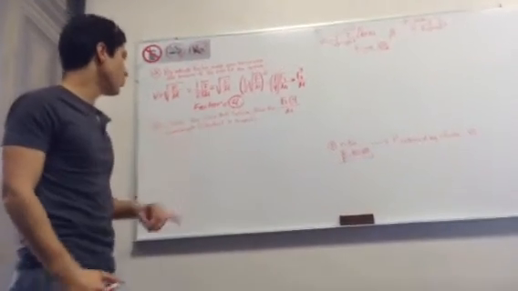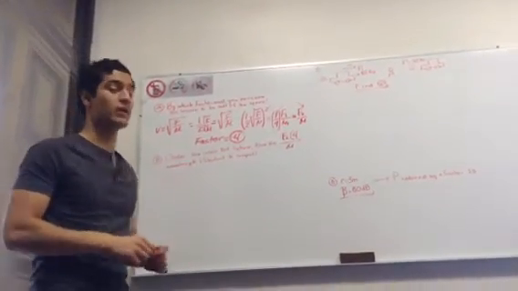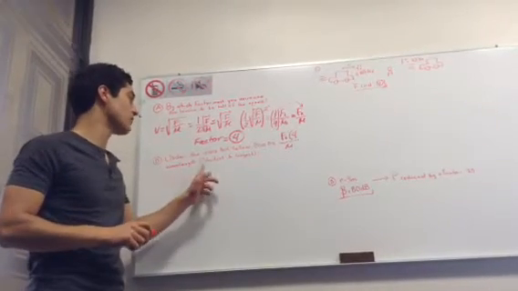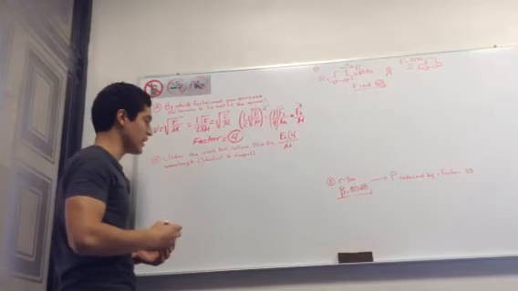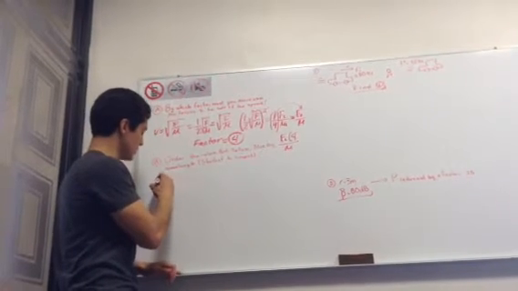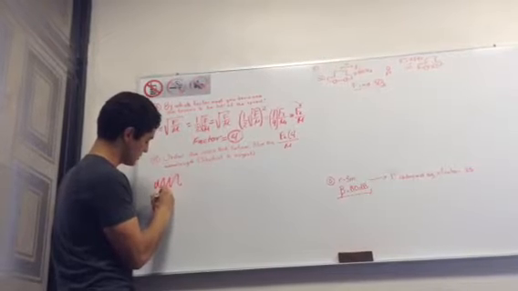And then the second problem says, order the colors red, yellow, and blue by their wavelength from the shortest to the longest. So we know that the ultraviolet waves are like this with a short wavelength.